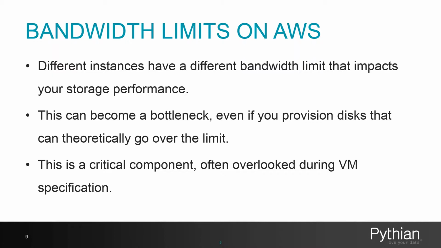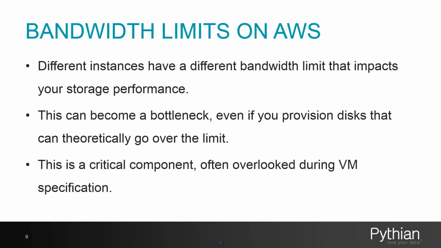So this is something that is overlooked a lot of the time because it's not front and center on the AWS console. You go on the AWS console and you pick the model, then you pick the storage, but it doesn't really tell you much about the bandwidth at any point. You have to go into the documentation and read about the bandwidth there.